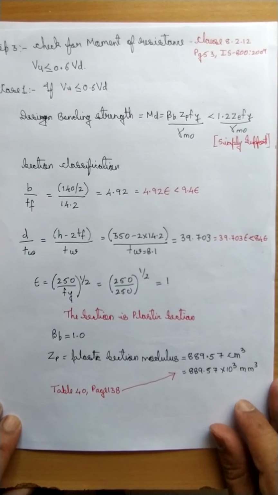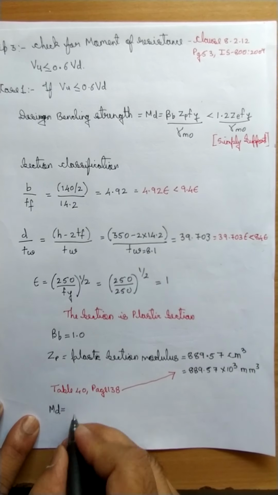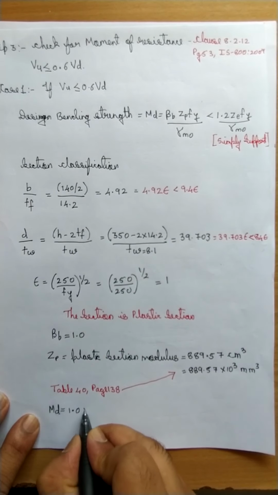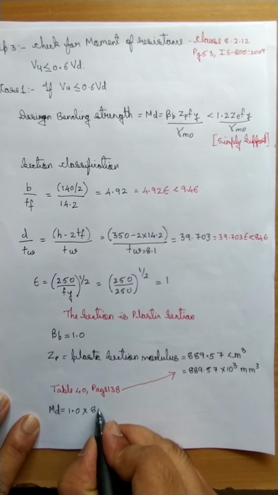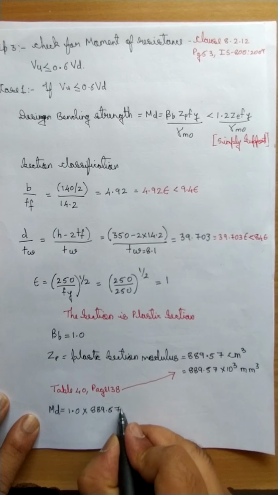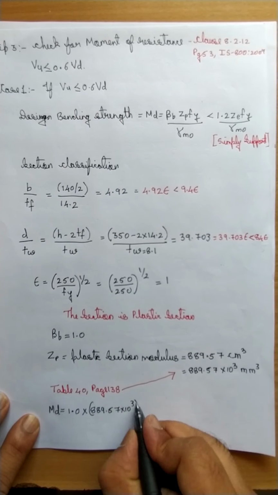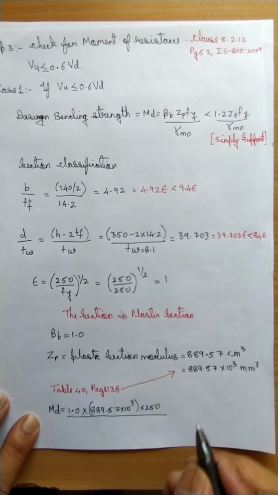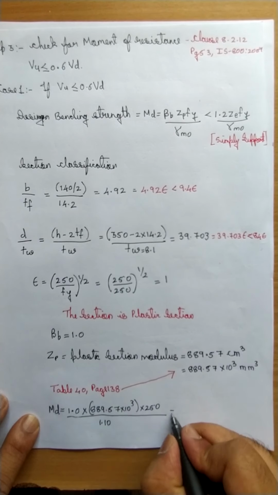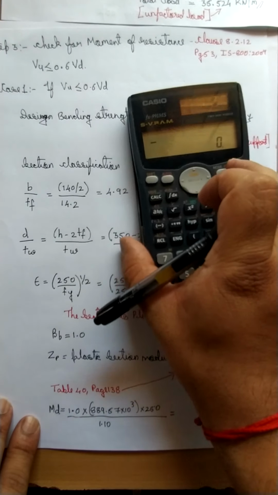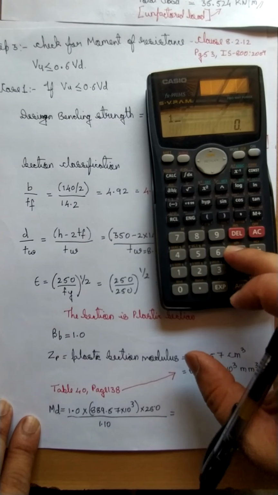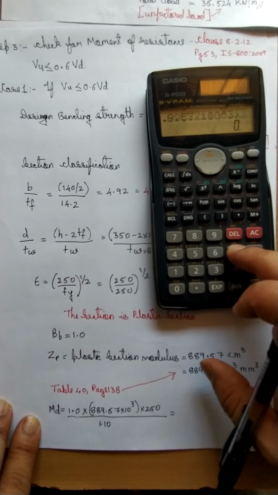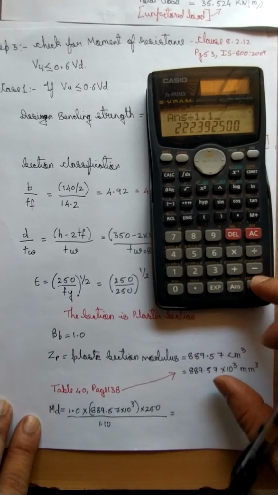So the Md is nothing but this formula, beta b Zp Fy by gamma m naught. The beta b value is 1, into Zp, which is 889.57 into 10 raised to 3. Then we have Fy as 250 divided by gamma m naught as 1.10. So let us compute this: 1 into 889.57 into 10 raised to 3 into 250 divided by 1.1.